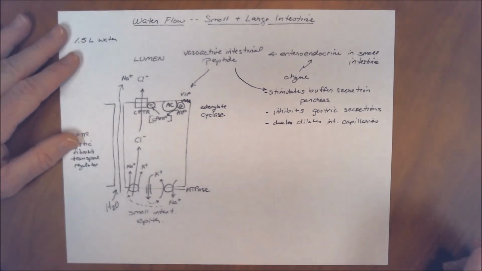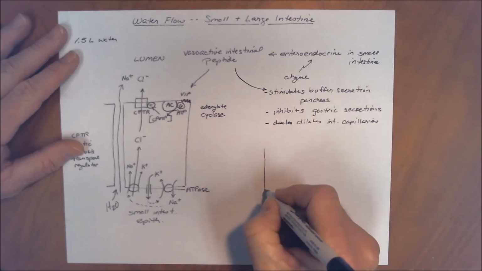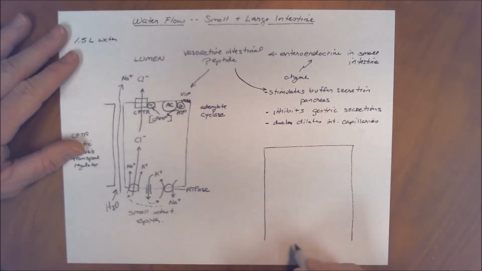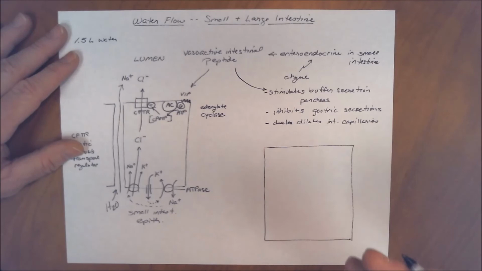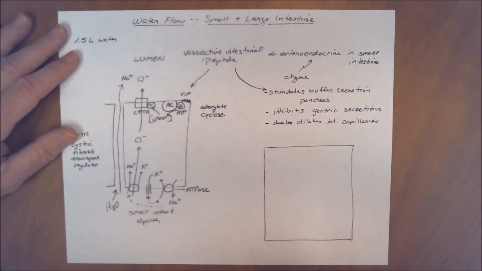So how is water absorbed in the small intestine? Let's look at our small intestinal epithelial cell again. And again, the movement of water is not going to be done by any pumps. It is going to be following a gradient of ions and other osmotically active molecules.